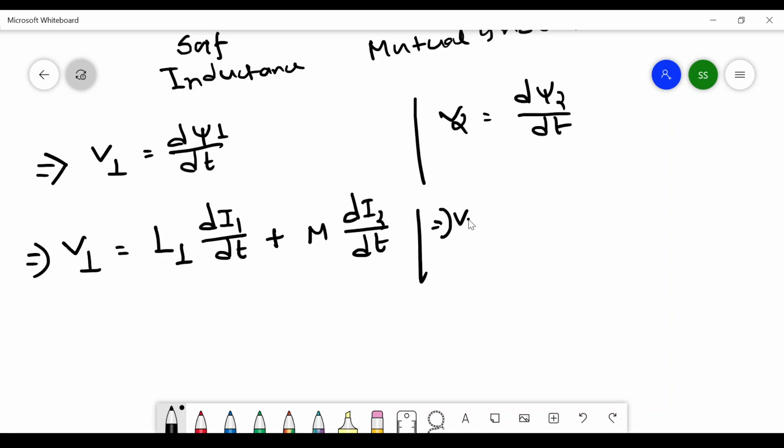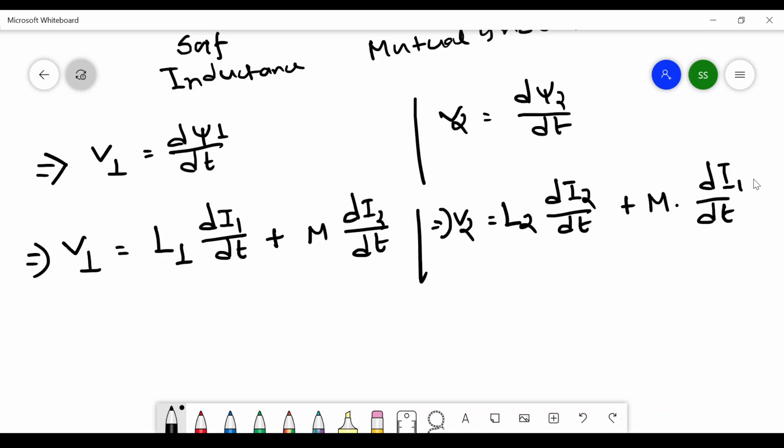Similarly, for V2, we get L2 d/dt of I2 plus M, the mutual inductance, d/dt of I1.